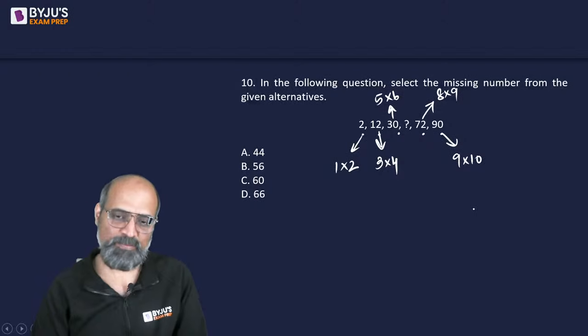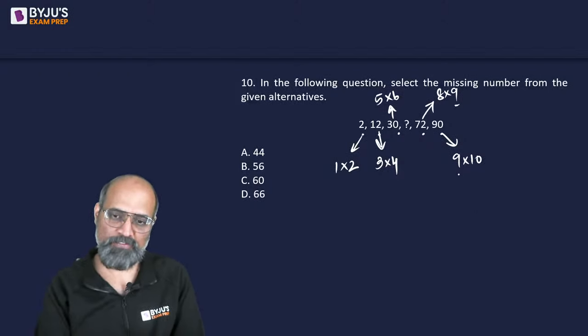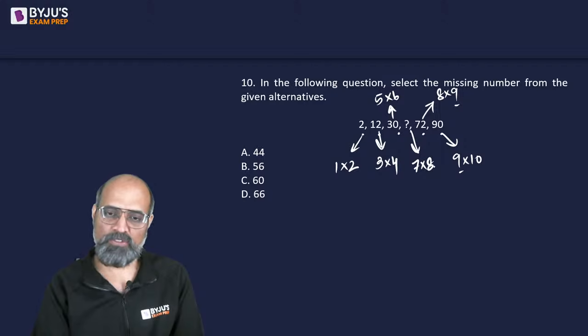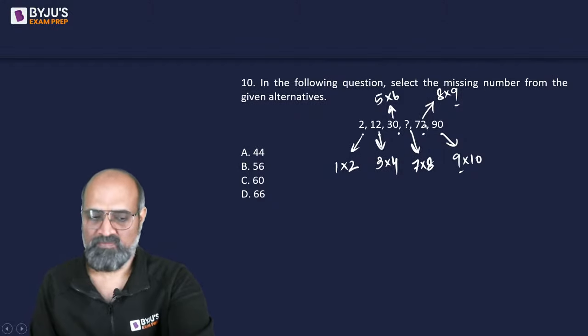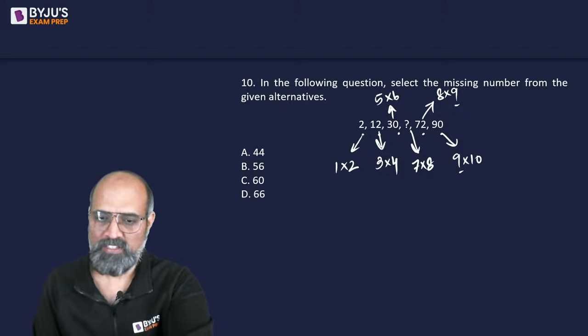Anything else, because there is some issue, because we have 9 repeated, and if I take this as 7 into 8, so 8 gets repeated. So in the first 3 terms, nothing gets repeated. There is no number common in the product. In the next 3, we have one number common if we take consecutive terms. So should we go with this?